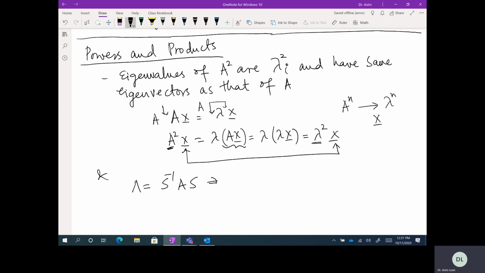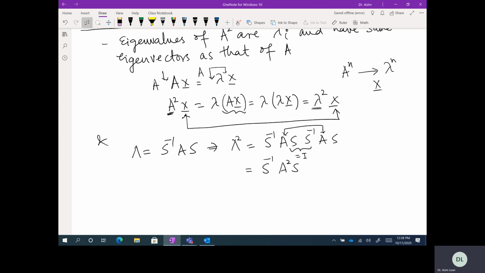What is lambda square? Lambda square is S inverse AS into S inverse AS, but this S into S inverse is I. So this is equal to S inverse A A S, which is S inverse A square S.